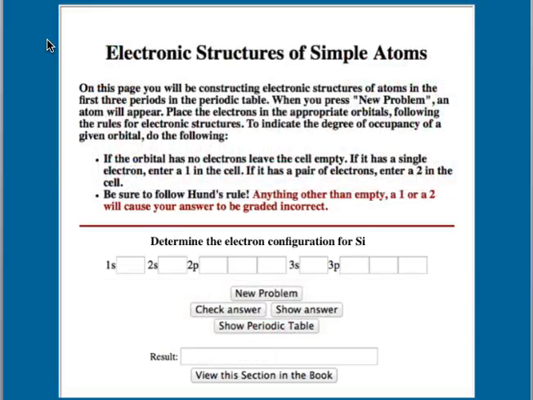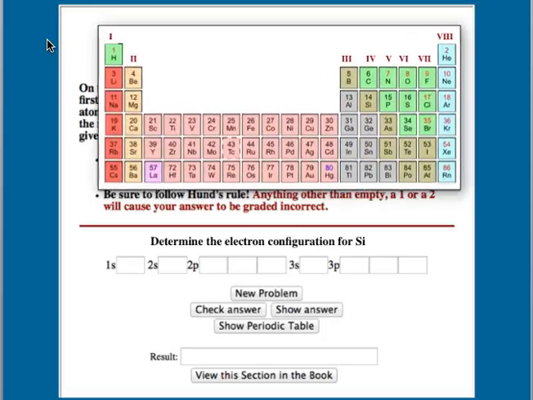Silicon. Silicon is here underneath carbon. Again, it's a third period. That means that 1 is full, 2 is full, the 3s is full, and we have 1, 2. How do we enter it?